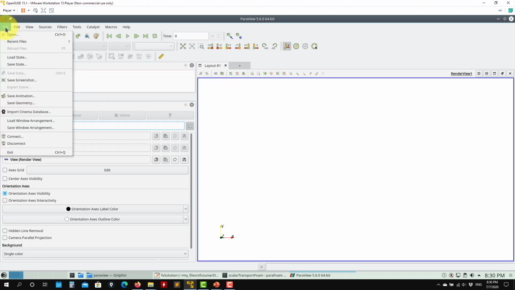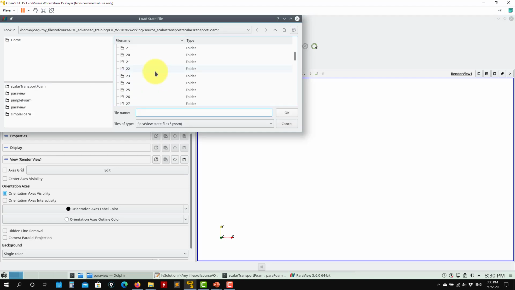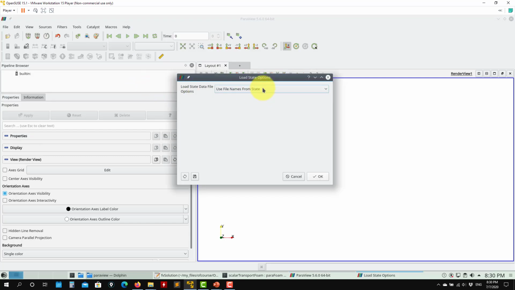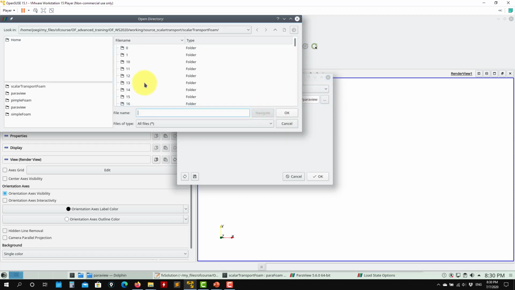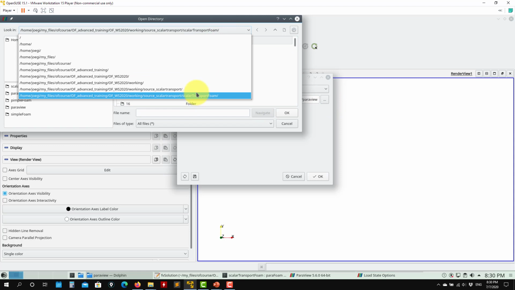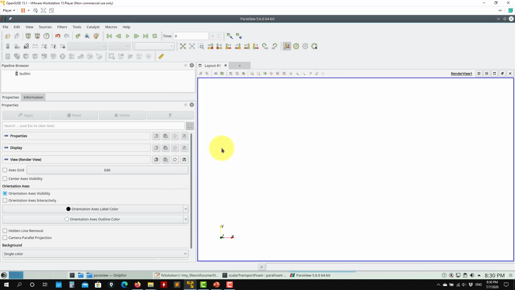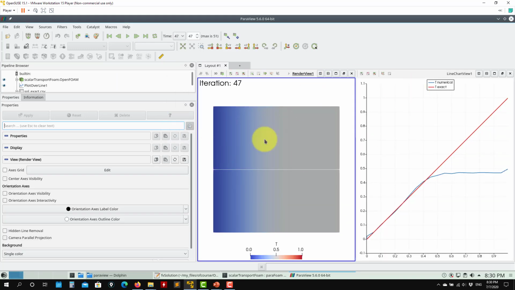So to use that state, you go here, load state, go into the ParaView folder, open the state file, and then here you have to be careful that you need to choose, save files under a specified directory. Choose the current directory. Okay, so this is my current directory. Okay, sorry, it's this one. And it will replicate the visualization.